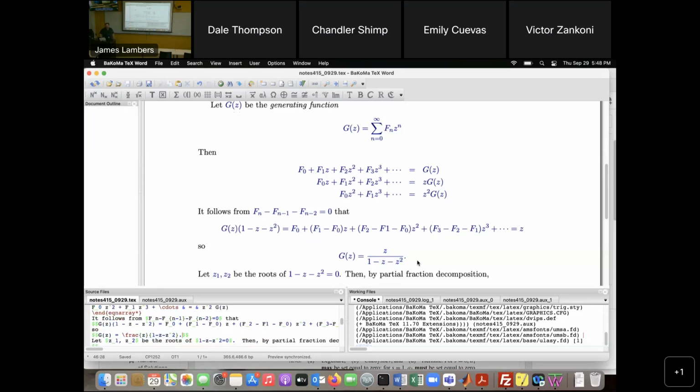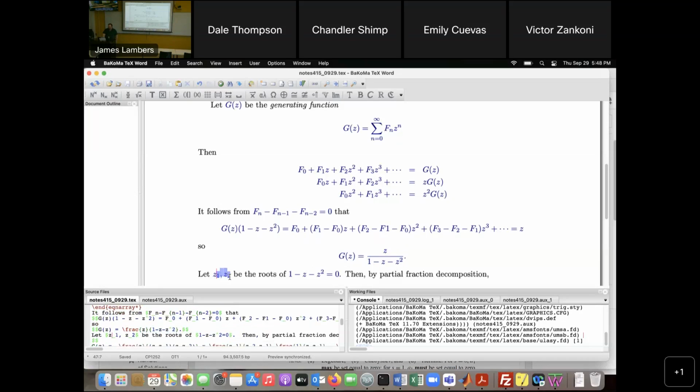And to do that, I need to factor the denominator. Now, I'm not going to really get to roots now. To reduce clutter in my expressions, I'm just going to say, let's assume that z1 and z2 are roots. The roots are real and distinct in this case, which you would see if you work this out, which I will do later. So for now, you can take my word for it that they're real and distinct.